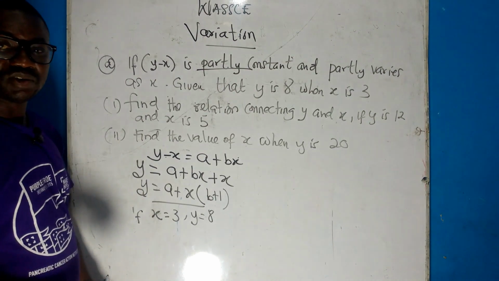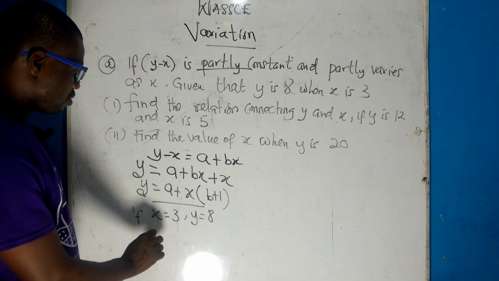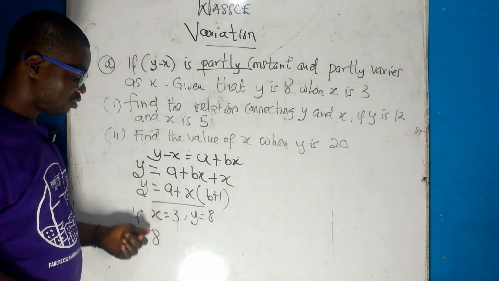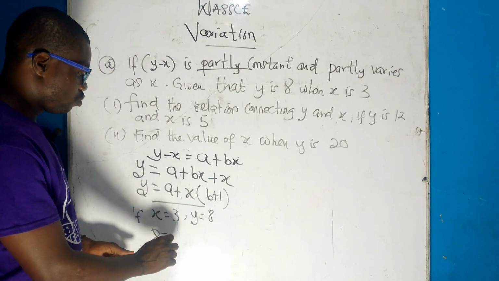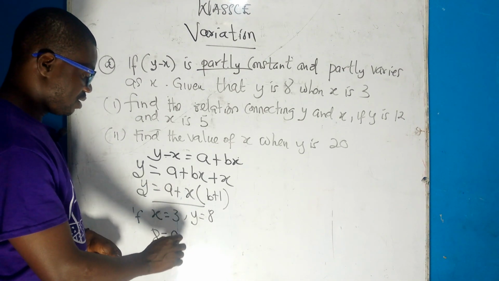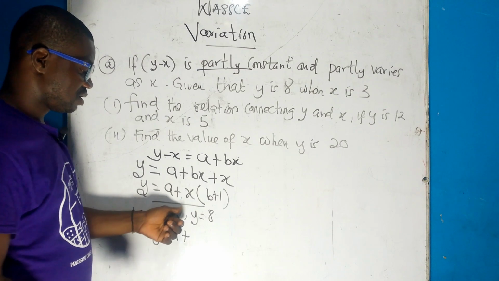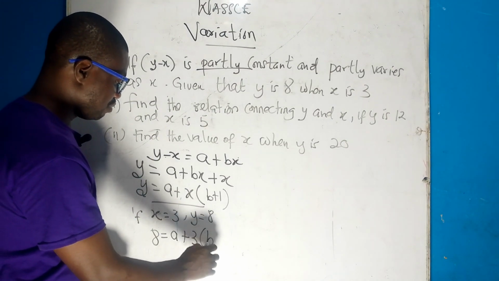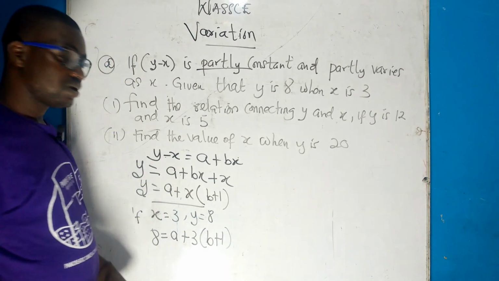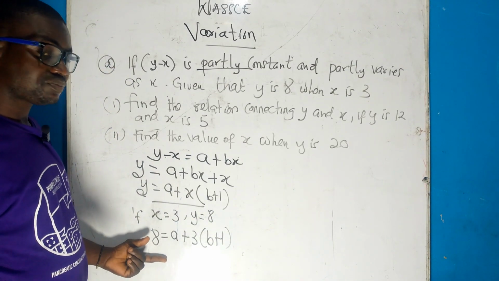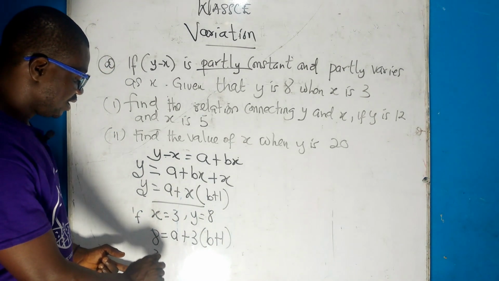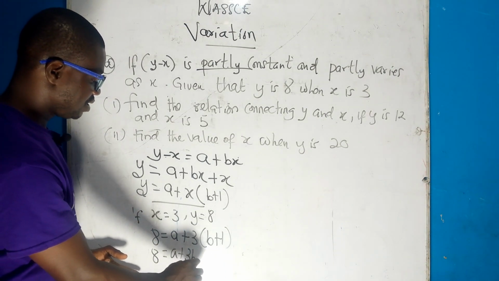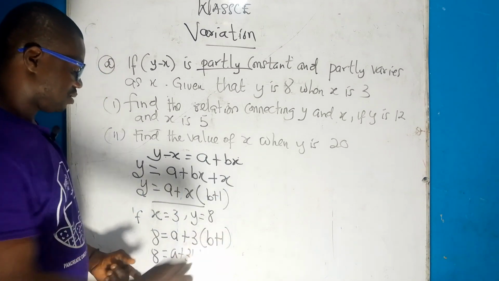By substitution, we have 8, replacing y with 8, is equal to a plus, replacing x with 3, into bracket b plus 1. So we have 8 is equal to a plus 3b plus 3.